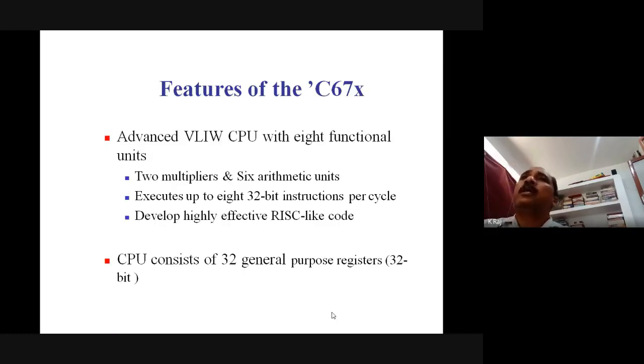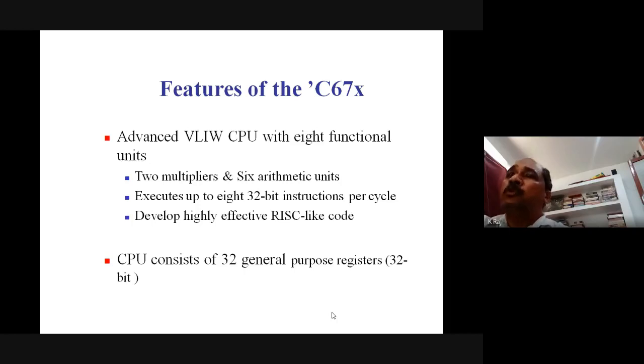Now some features of the 6.7 is that the advanced VLIW CPU with 8 functional units, they have the 2 multipliers and the 6 arithmetic units. It has the 8 functional units as we have described in the previous class, that is there are the L, S, M, D towards the left side and the right side, having the 2 paths, and total functional units is 8, and these have the 2 multipliers and the 6 arithmetic units.